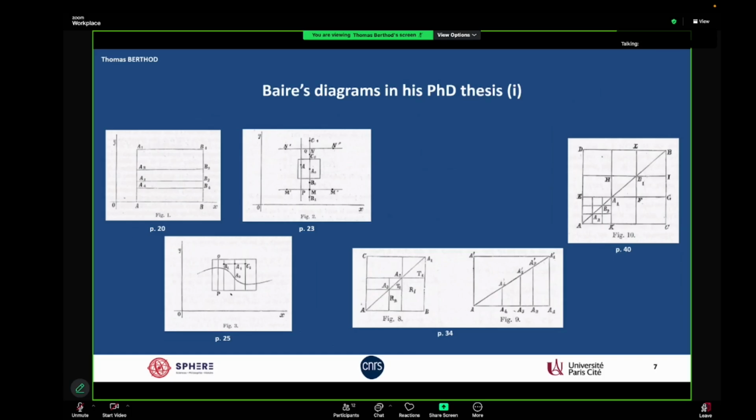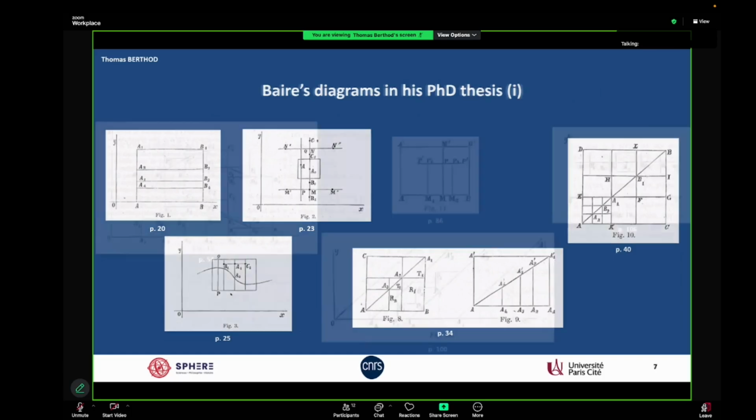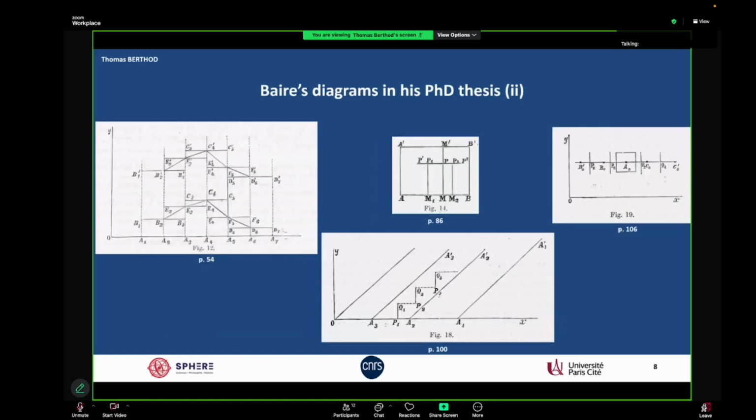There is only one exception, diagram 12 here, where the y-axis really corresponds to the value, the image of the function for different values of the x-axis. For the others, the value of the image of the function is not represented on the diagram. You have only the domain of variation of the two variables.